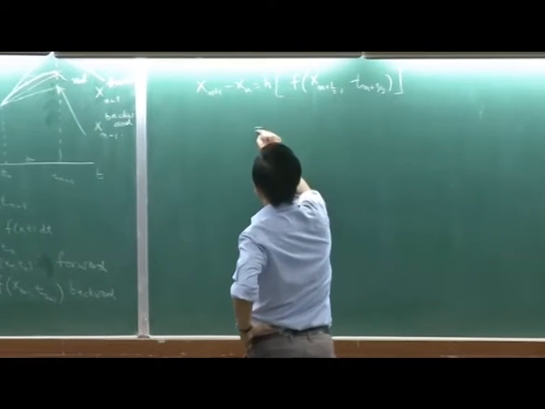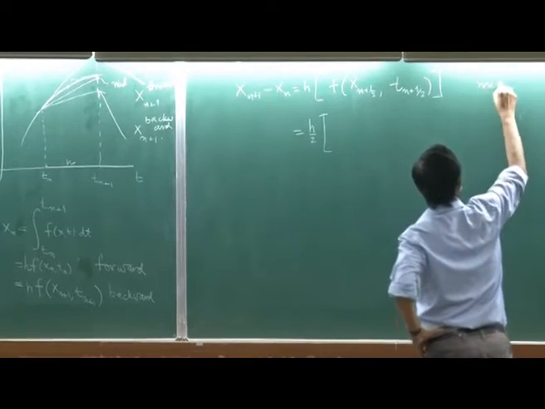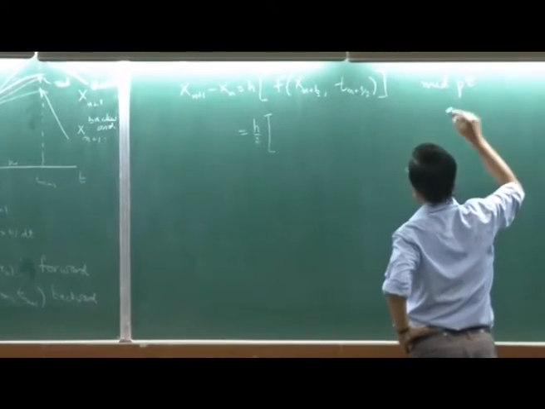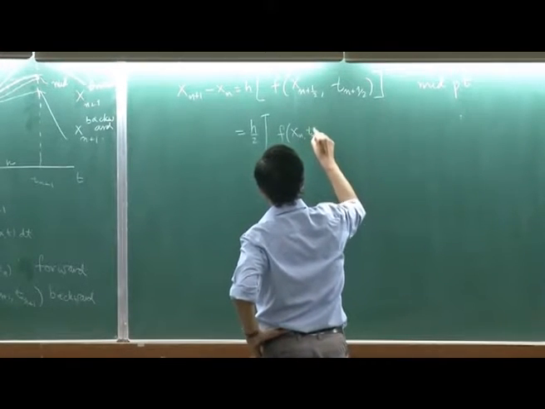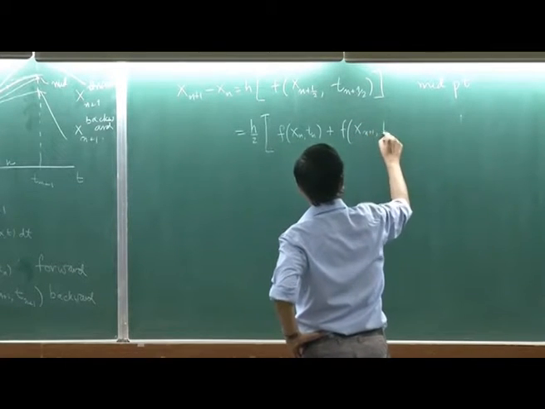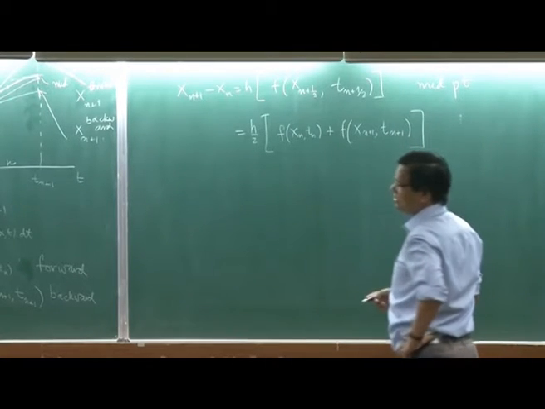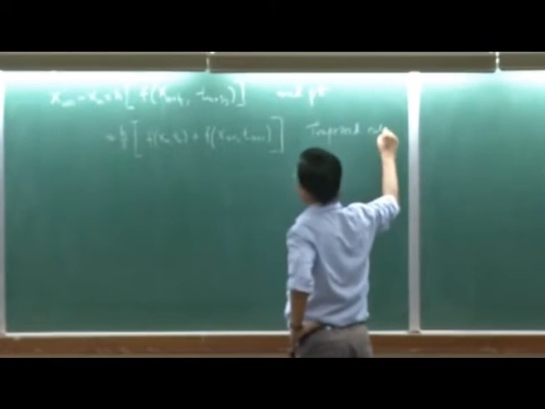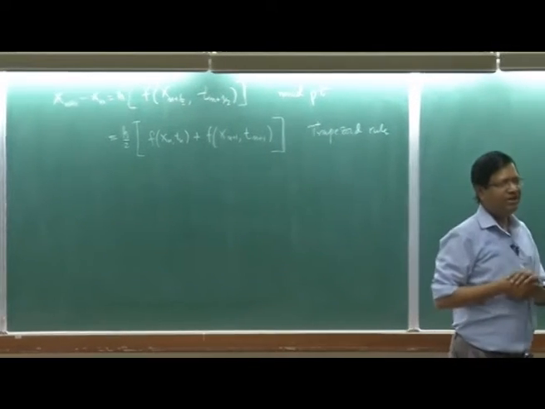So h by 2 times f(x_n, t_n) plus f(x_{n+1}, t_{n+1}). Is that clear? So in fact I am using my ideas from integration schemes.